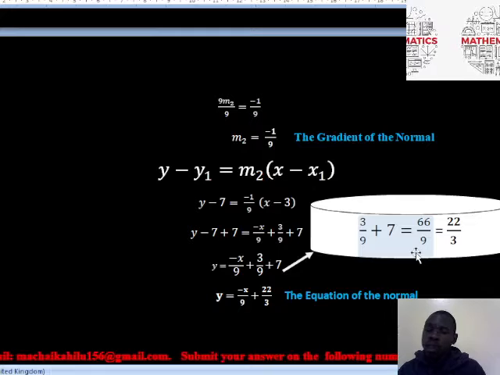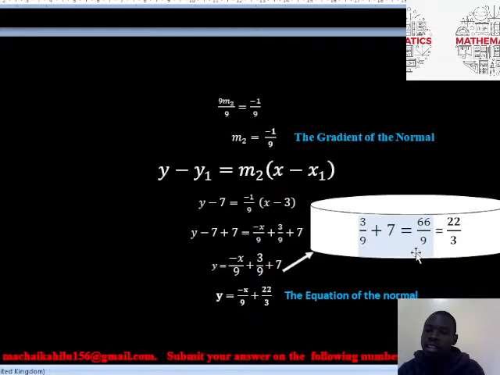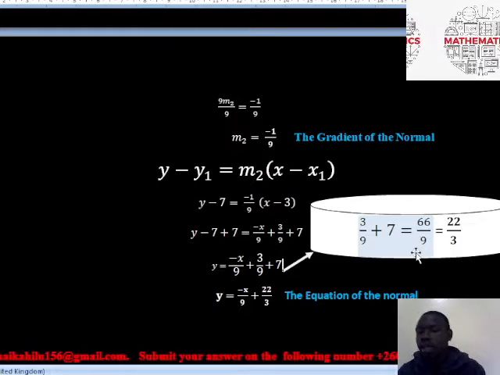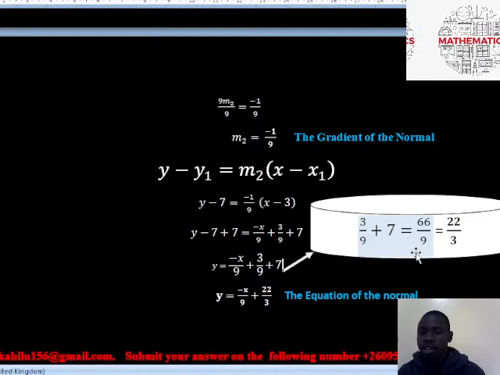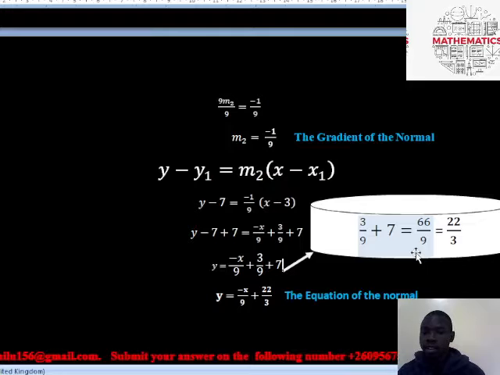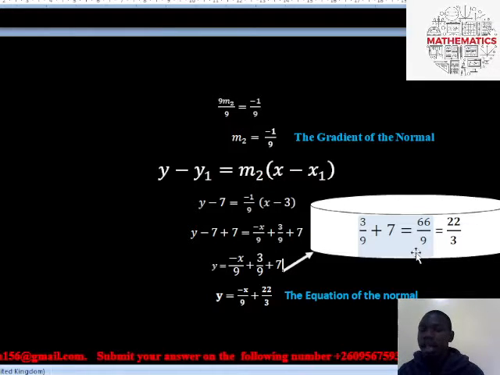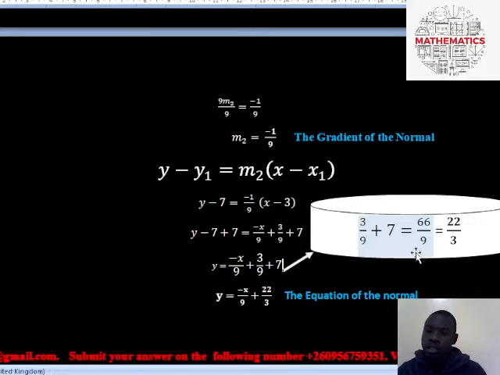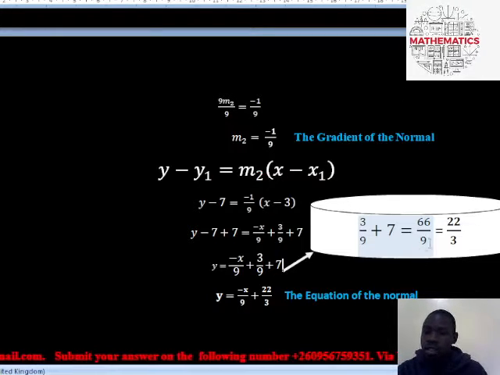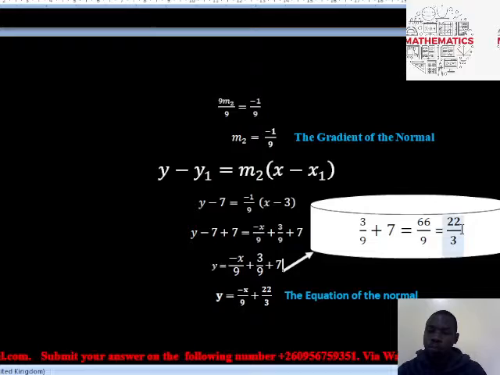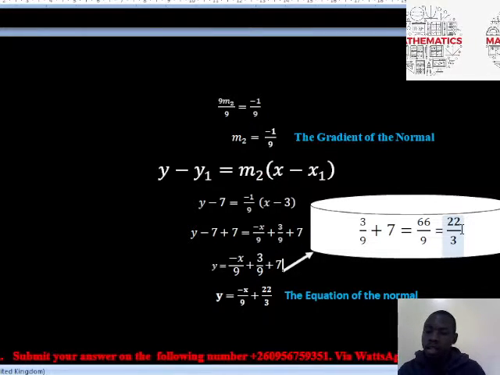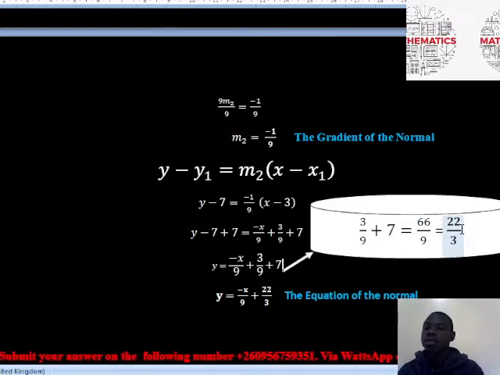So now when you look at 66 over 9, there's a number which can go into 66 and 9 without leaving a remainder. Which number is that? We can talk of 3. 3 can go into 66 and 3 can go into 9. So 3 into 66 gives us 22, and 3 into 9 gives us 3.